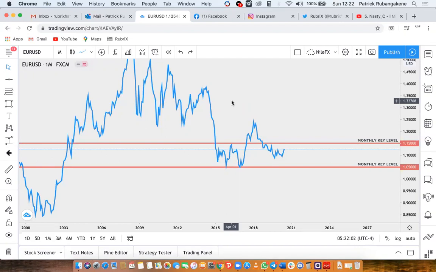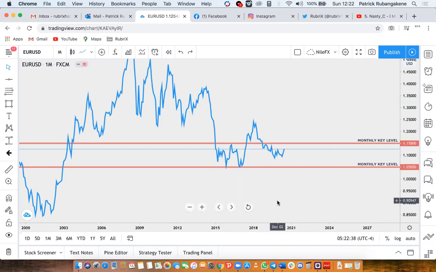It's important to understand that the monthly key levels shall always be in thousands of pips. A good example is this EUR/USD. We have 1.05 as a support, and then we have resistance at 1.15.